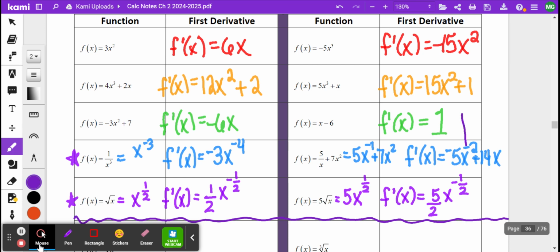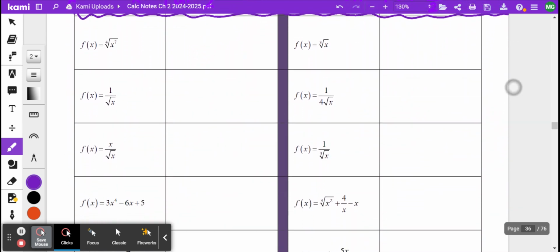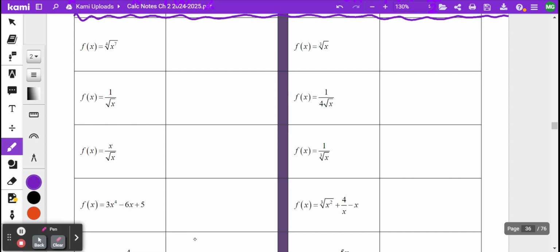So once you feel pretty good about those, we're going to go ahead, and I thought maybe I would do this first radical one with you and a couple of others too that I'm going to kind of just pick here and there. So let's take a look at this first one, and what I would recommend is rewriting it as x to the 7/4.